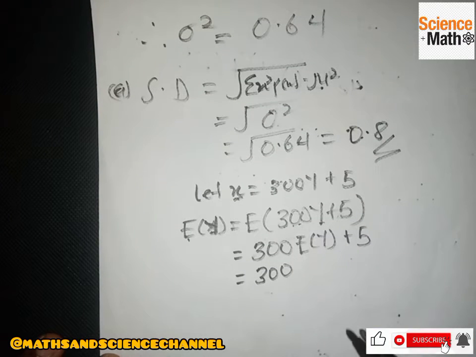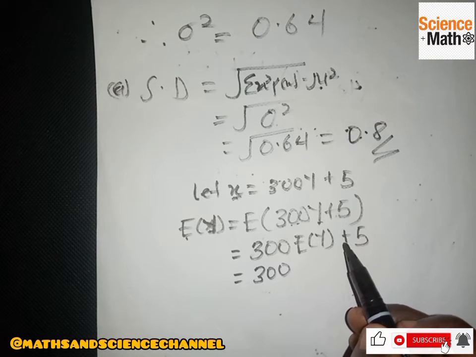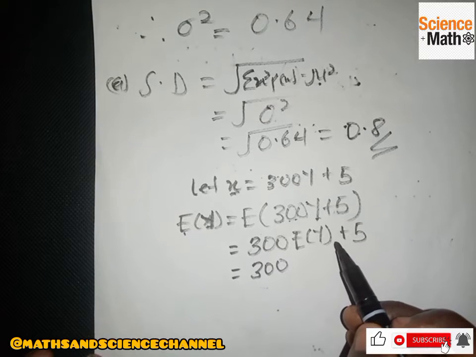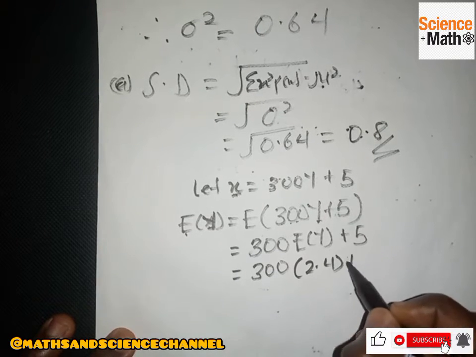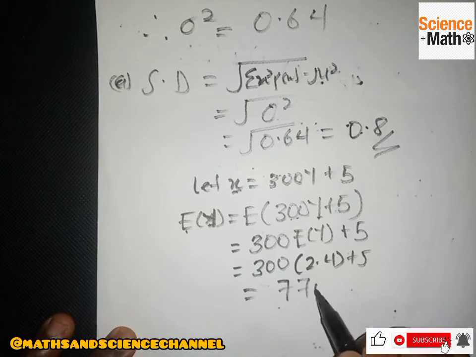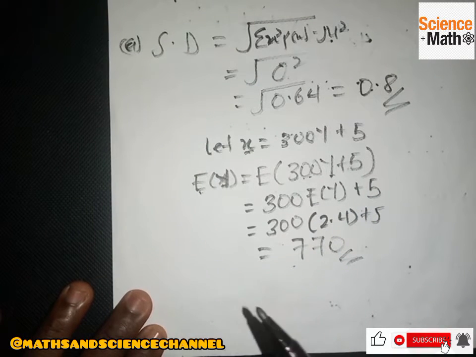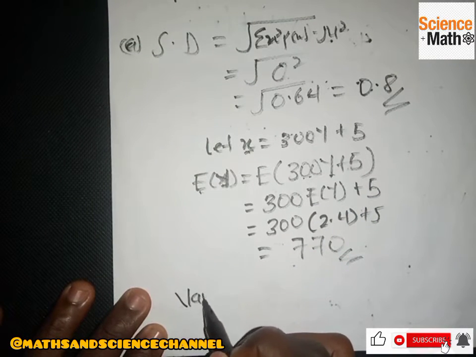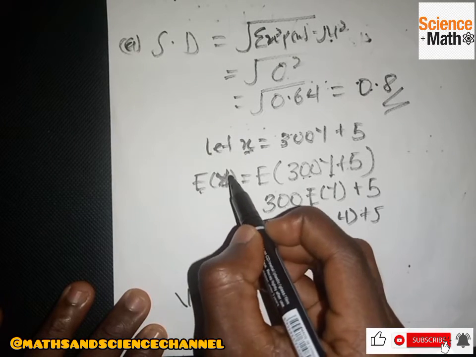The expectancy of y was the first question we did, so that is the value we add that one to be 2.4, right? So with the 2.4 we substitute that into it, and then plus 5, and then when you compute the whole of that, you have 770 to be the expectancy of x.